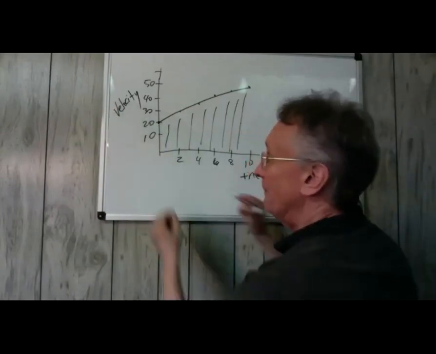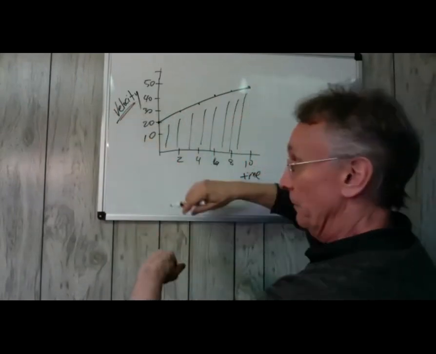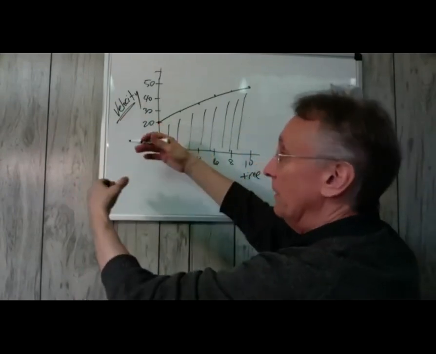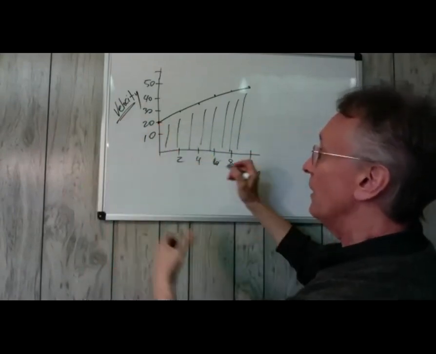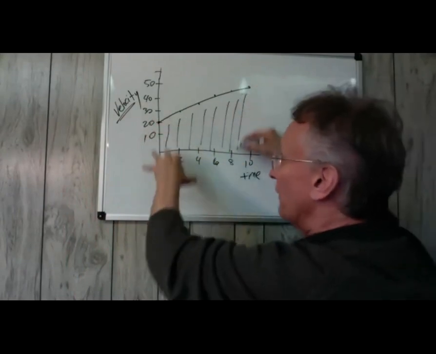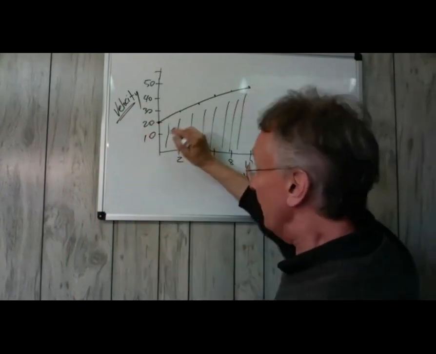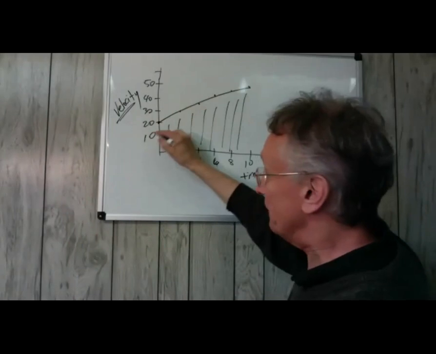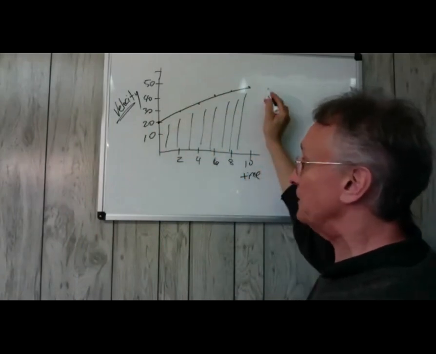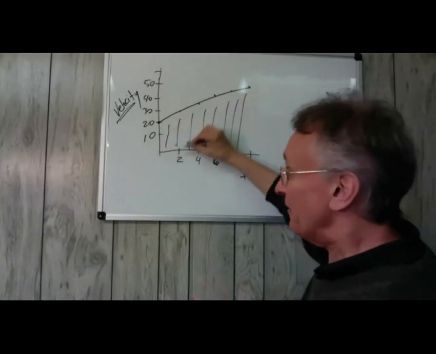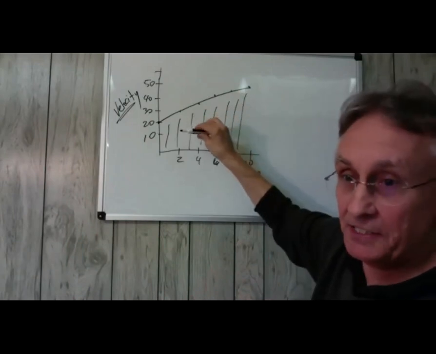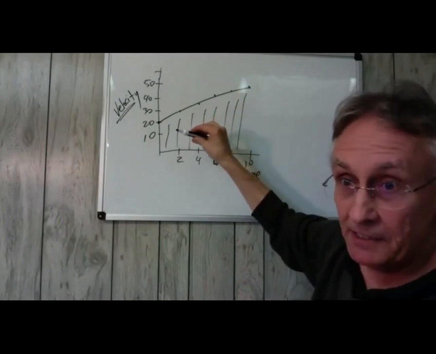Distance over time is velocity, how much time it took to go this far. It turns out that if the top is the rate of change, if the function is the rate of change, then the area underneath it is the amount of change of whatever the item is.